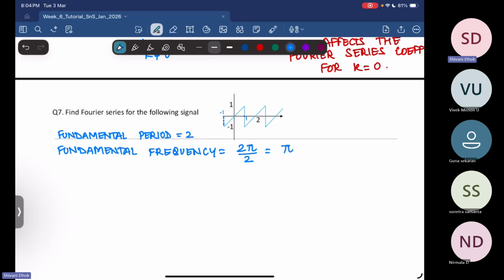Okay, and what we want to do is find the Fourier series coefficients, that is C_k, which is 1 by T, that is 1 by 2, integral over a period. A period is of length 2, so I can integrate from minus 1 to 1, x of t into e power minus j k omega naught t dt.